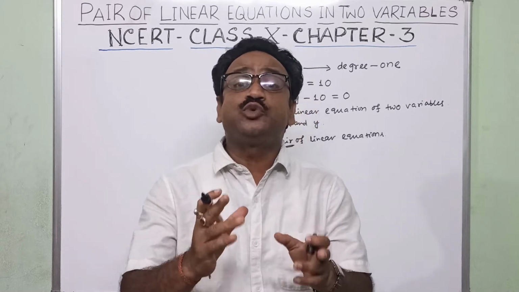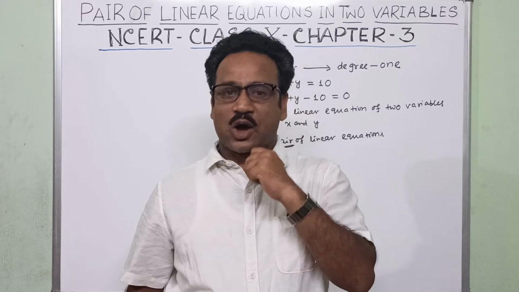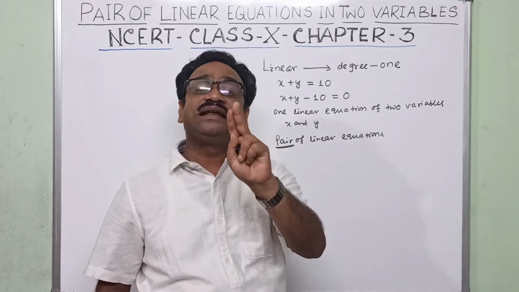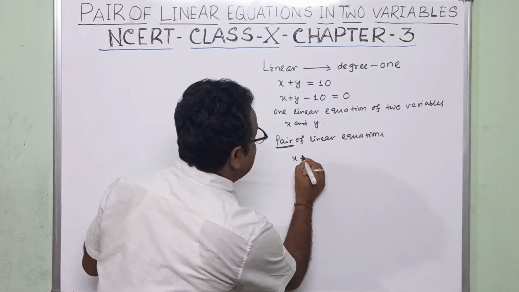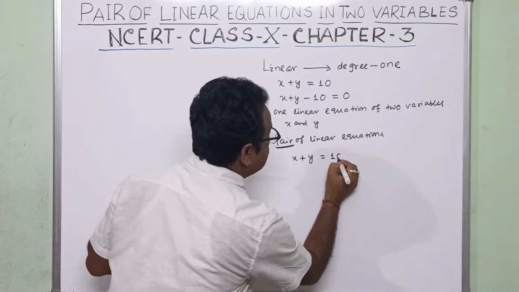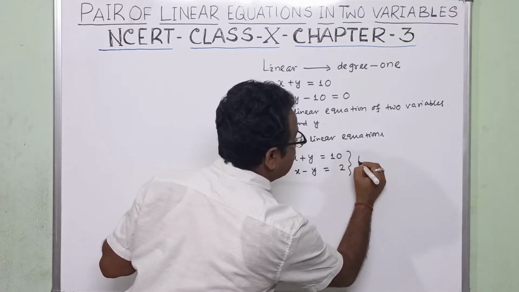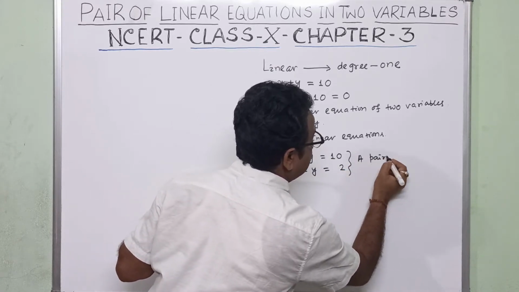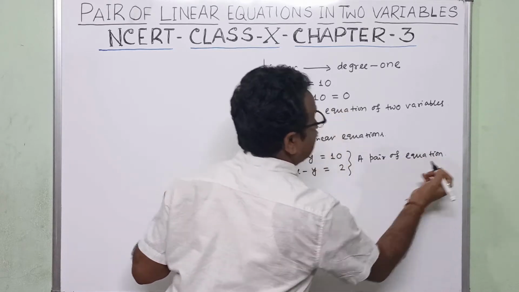A pair of shoes, pair of socks. So pair means two are there. So for example, you will write x plus y is equal to 10, x minus y is equal to 2. This is a pair of equations.